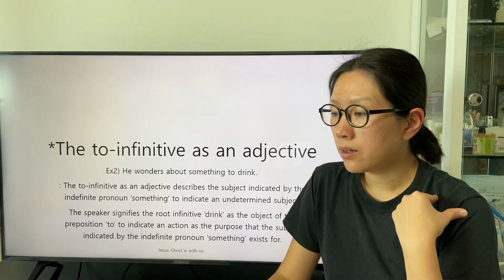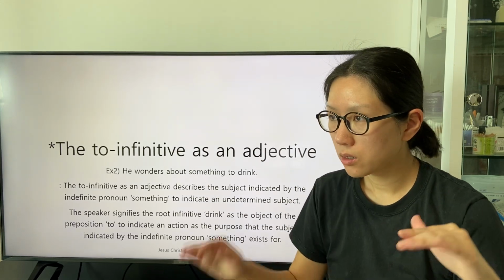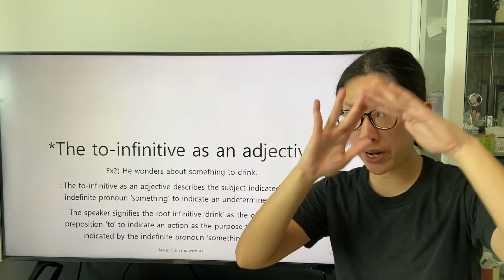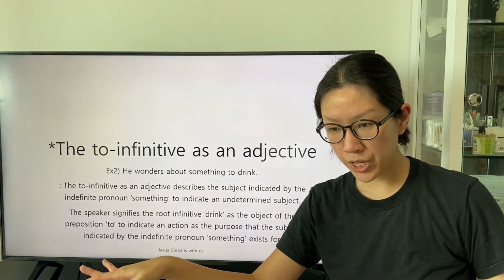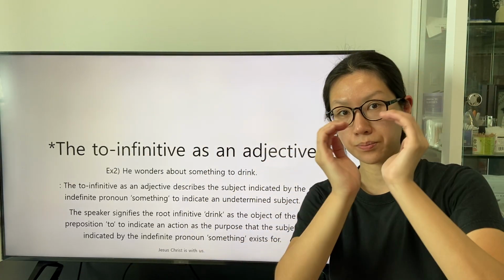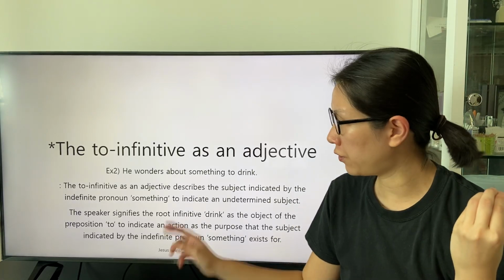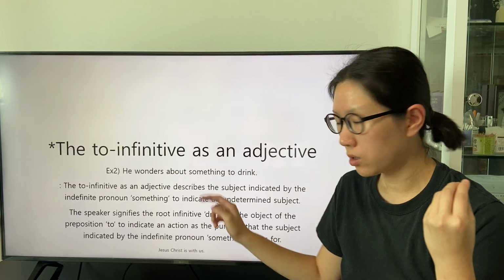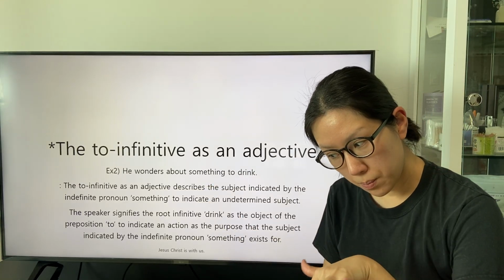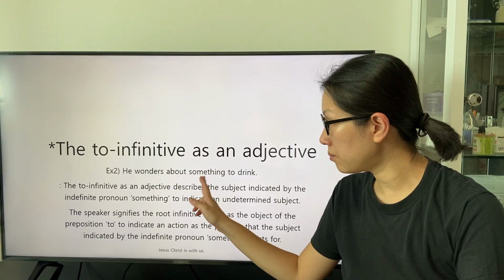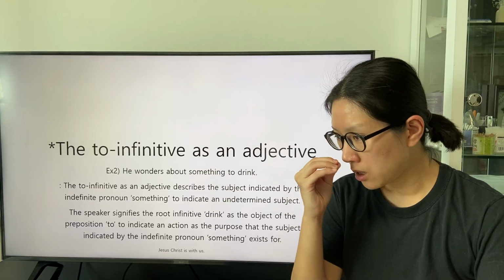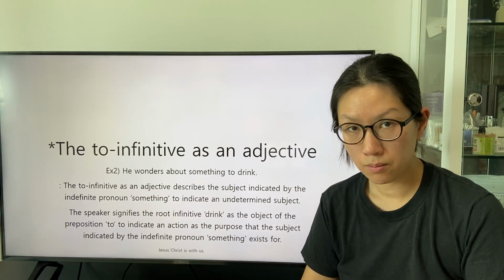So we can understand that the speaker predetermines the range of the object that is not a person with the application of the prefix some that originates from the determiner some.